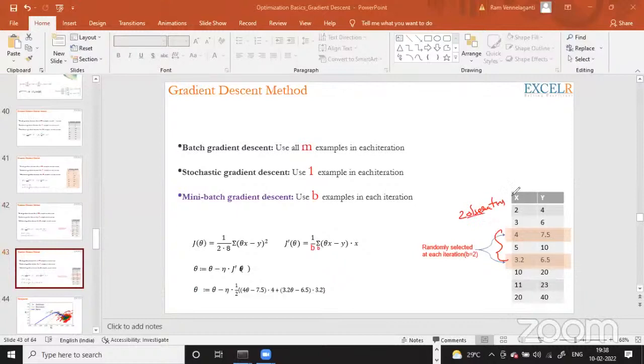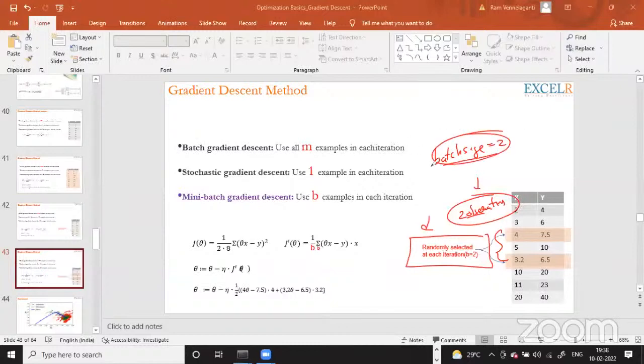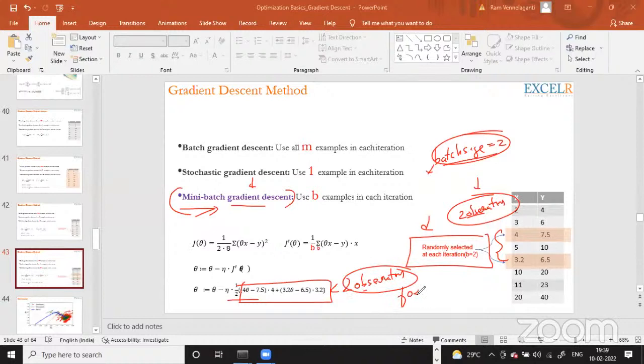For example, randomly select 2 observations, so I can say batch size is equal to 2. Then automatically you can understand that the model we are building is using the concept of mini batch gradient descent. You are going to use your 2 observations for updating our weights.